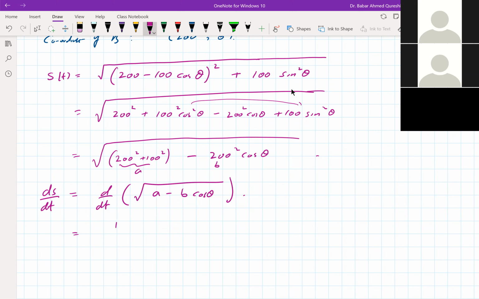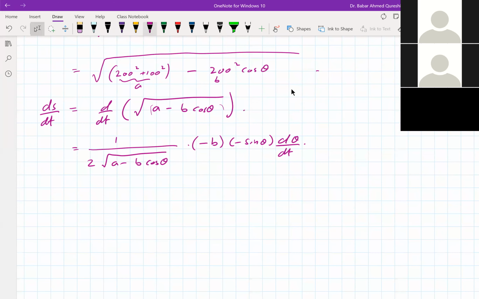So this is 1 over 2 square root of a minus b cosine theta, times the derivative of inside, which is minus b times minus sine theta d theta by dt.